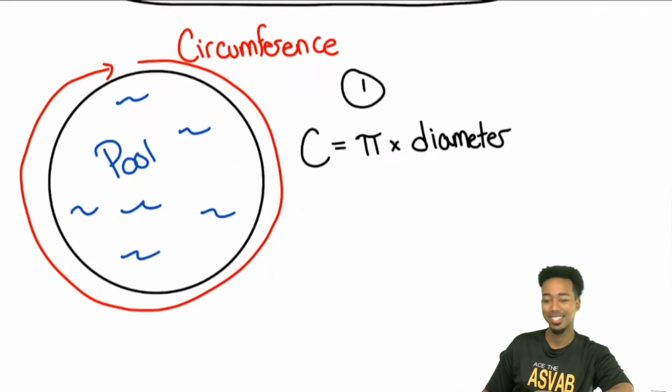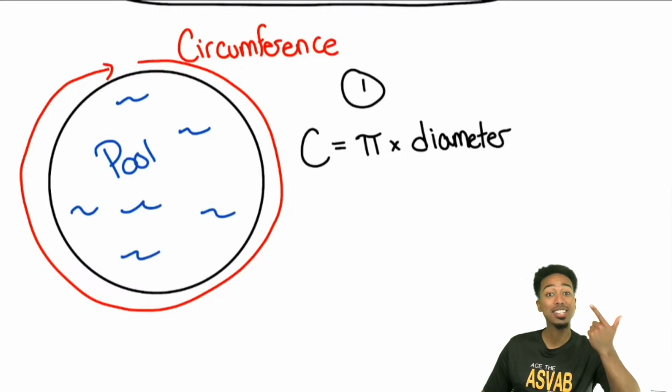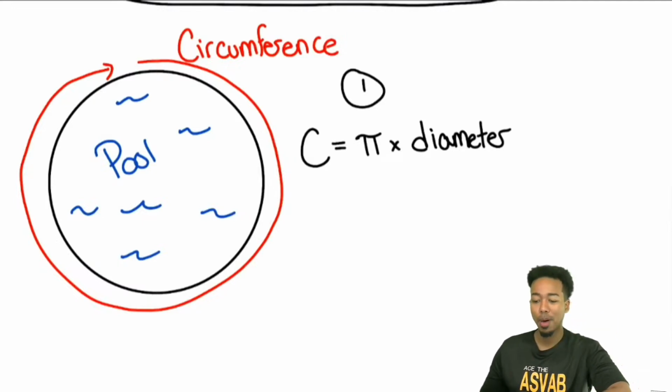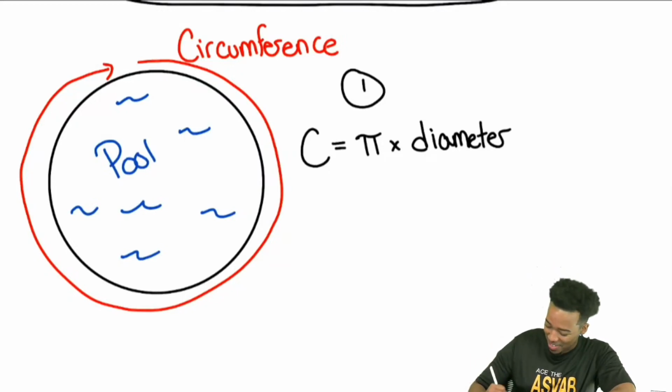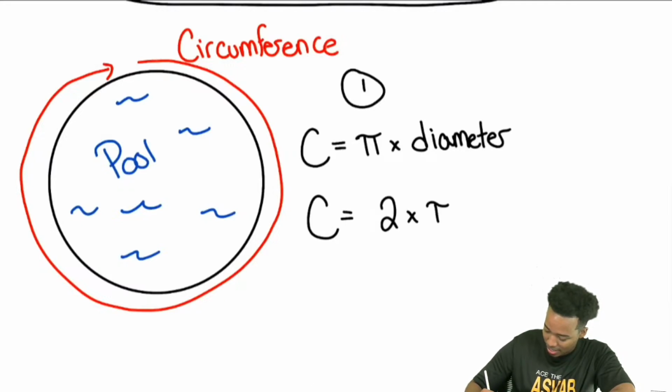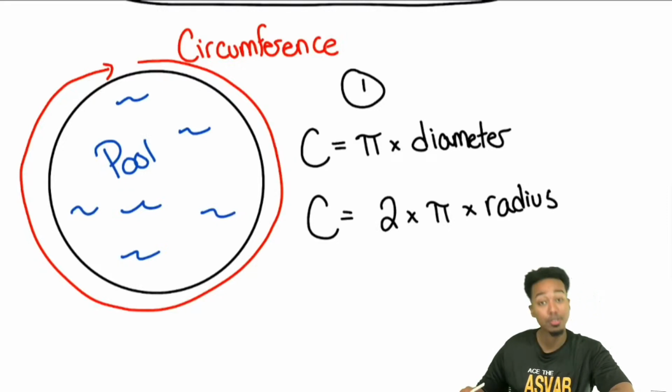Pi r squared, that is going to be area, because you have two dimensions there. Radius times radius, that's two dimensions. That's right, 2 pi r, Kai. Kai and Kaya, I love having both of y'all in here. So yeah, that'll be circumference equals 2 times pi times the radius. That is the other formula that we can absolutely use here.